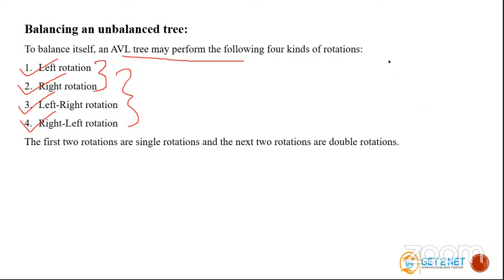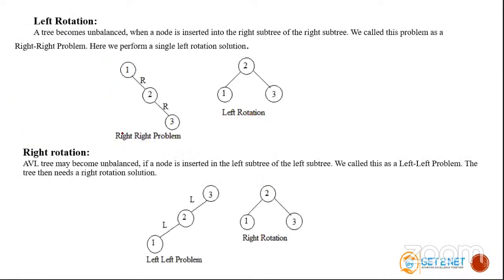Why are they known as single rotations? I will show you in the next slide why this is said to be a single rotation, and why left-right and right-left rotation are said to be double rotations. This is the left rotation problem and left rotation solution.